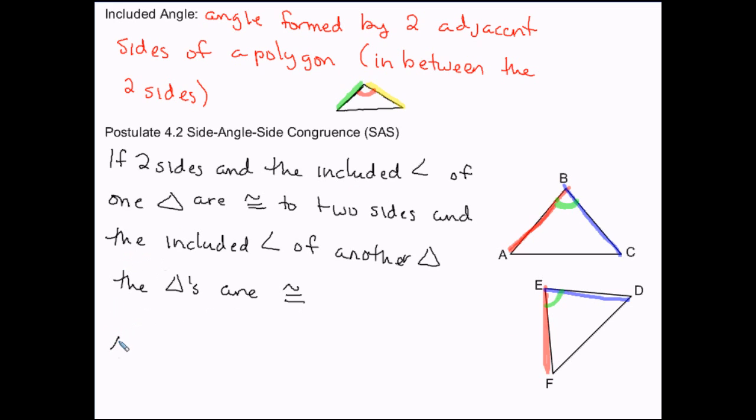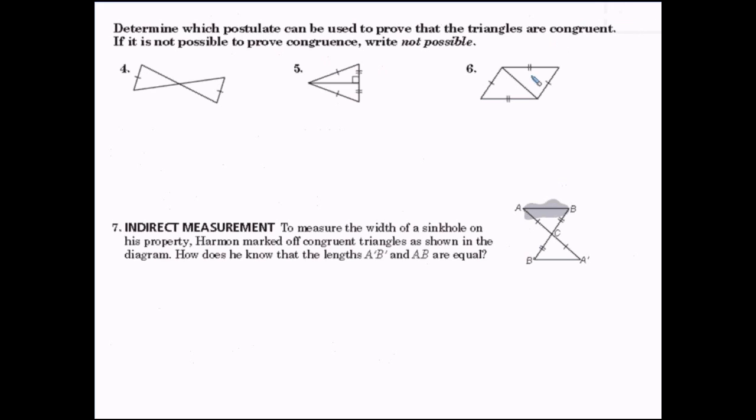So for side angle side, you'll just have to prove the two sides are the same and the angle in the middle is the same if that's not given to you.